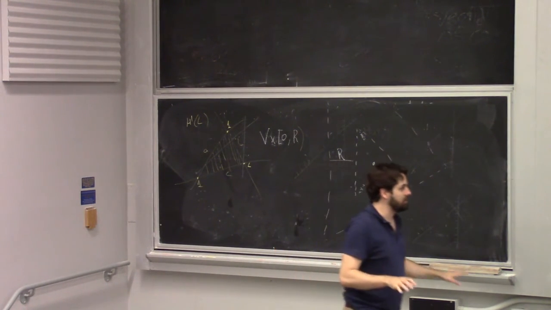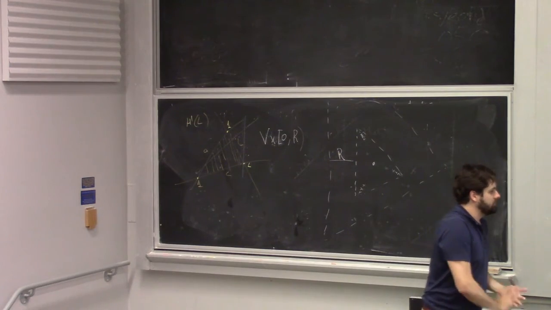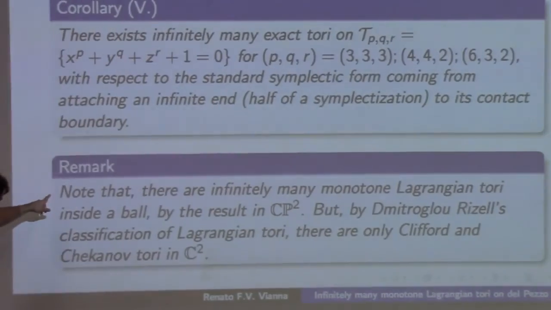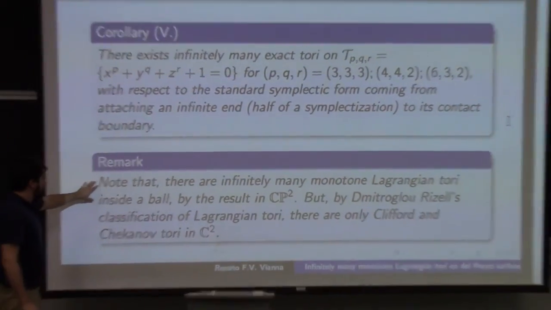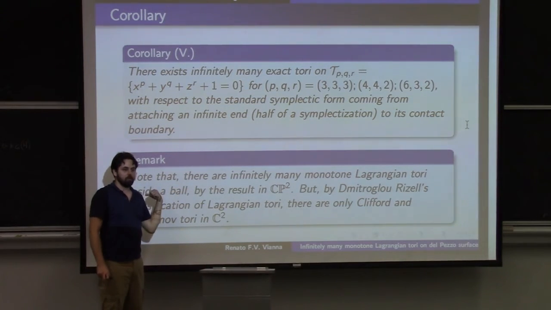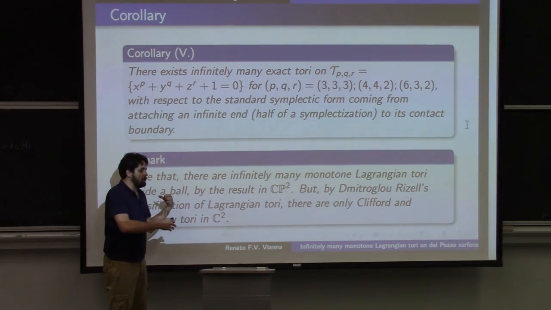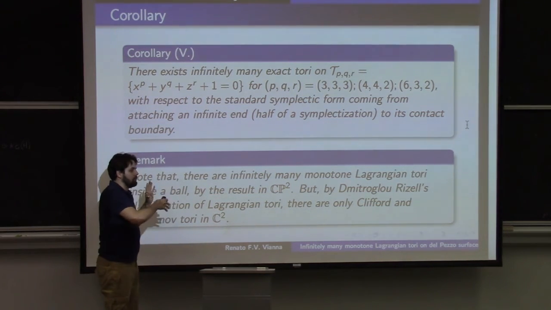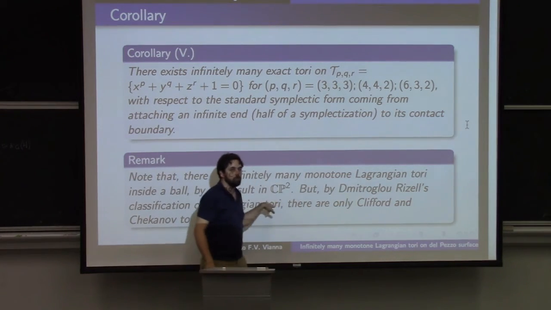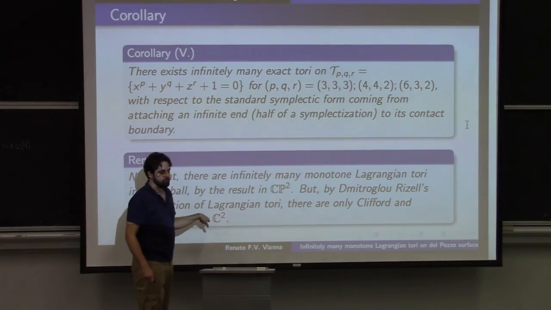Sorry, I guess I was not very clear about that. And just to make a contrast, it is the following, and then I'll finish here. All the tori that I constructed in CP2 can be put on the complement of a line, so they can be put in a ball. But if I look inside C2, somehow these tori become Hamiltonian isotopic to each other, because Georgios proved that in C2 you only have the Clifford torus and the Chekanov torus.